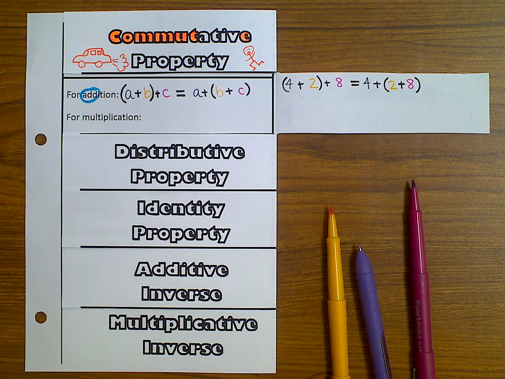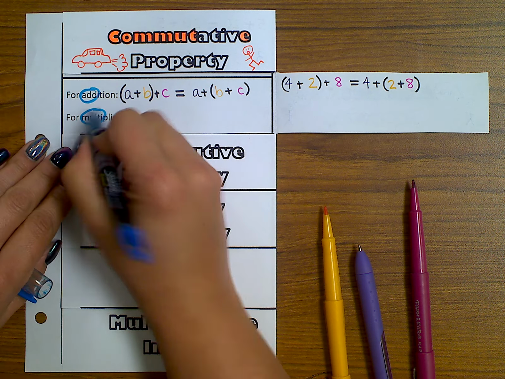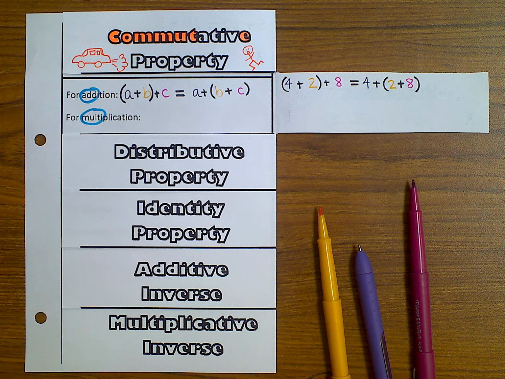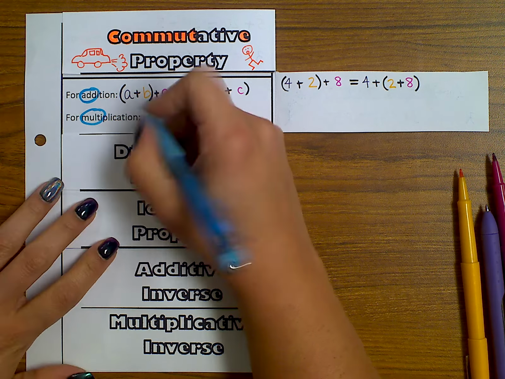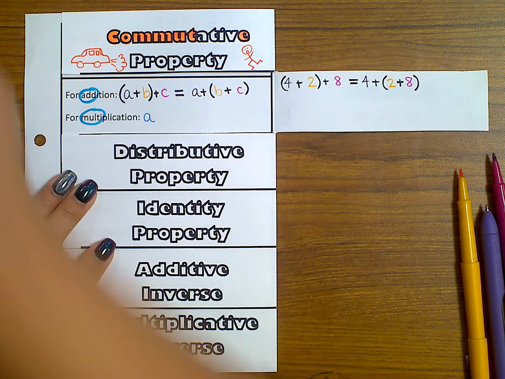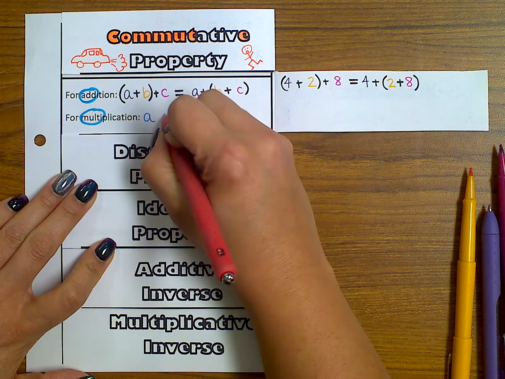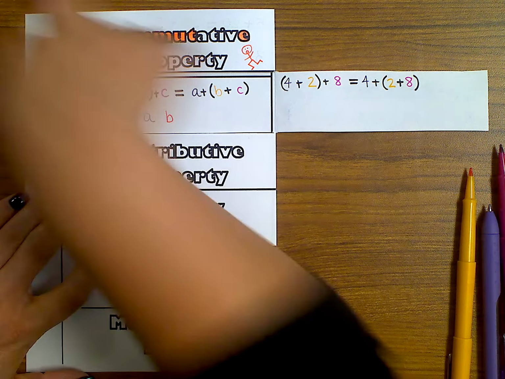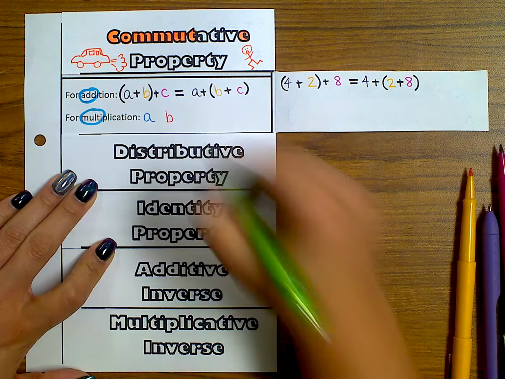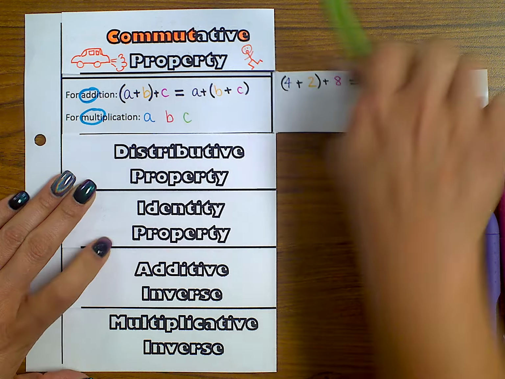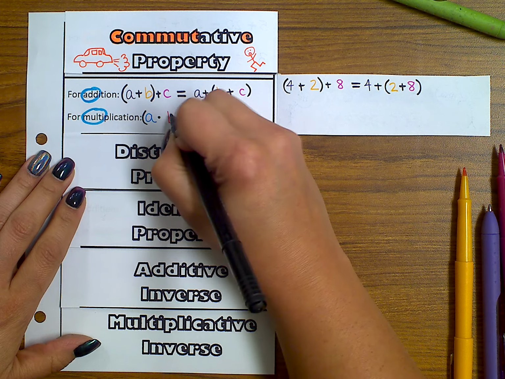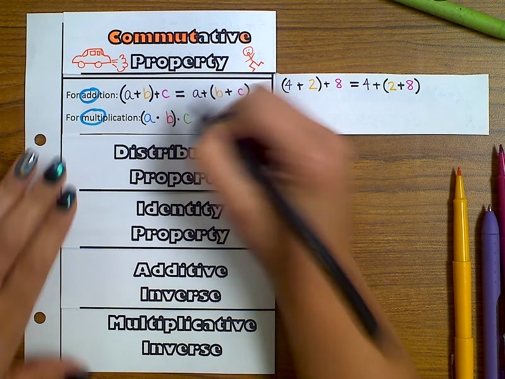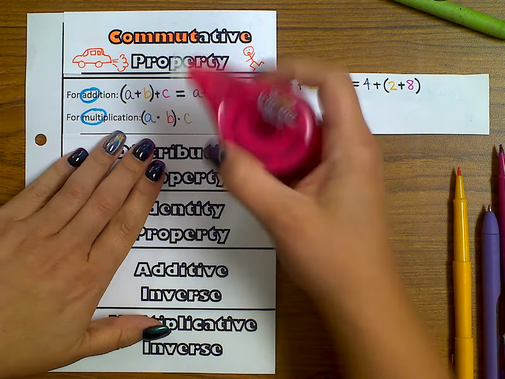All right, let's apply the same rule on multiplication. So on multiplication, I would say something like, I have here A, B, and C. Now I'm going to take this group of A times B, and technically, I don't even have to have that dot there.